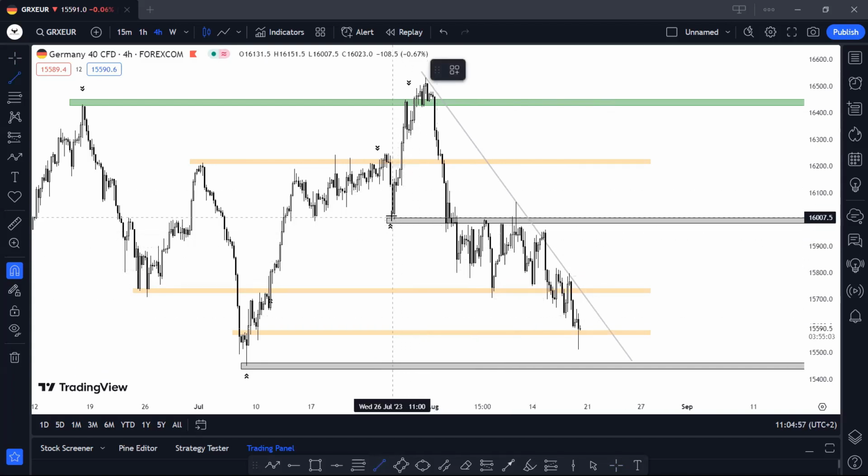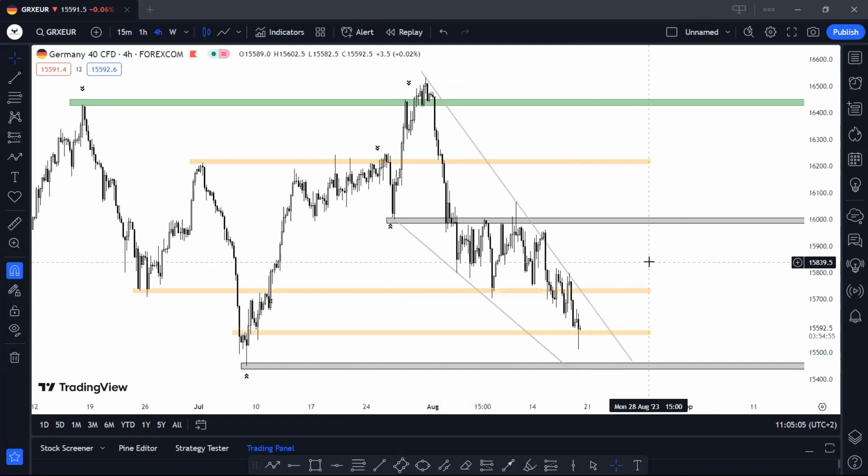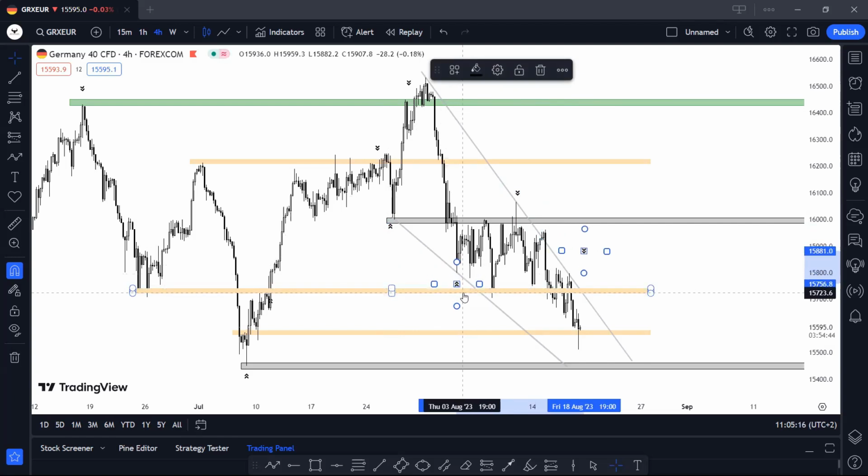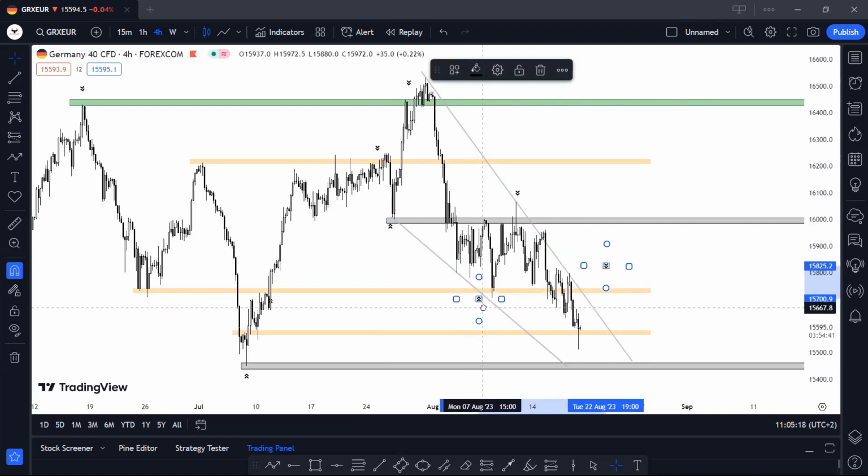Then we can draw one last trend line. Yeah, then that's what we have. Then here, okay, it has to be the lowest point.